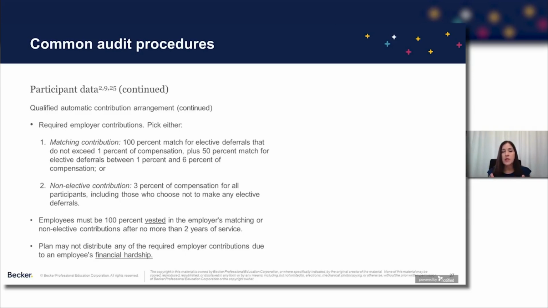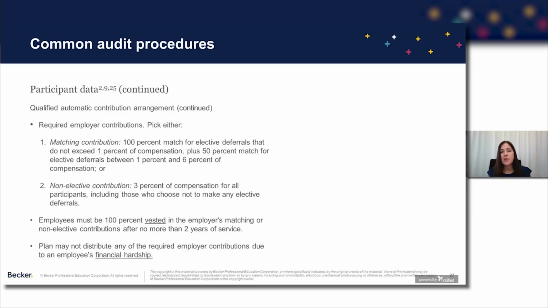The second choice that the plan sponsor has is they can make a non-elective contribution equal to 3% of compensation for all participants, including those that do not make elective deferrals. Now, for the QACA employer contributions, the employees must be 100% vested in the match or non-elective after no more than 2 years. So those are your QACA plans.